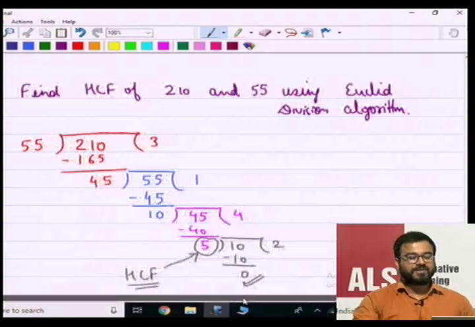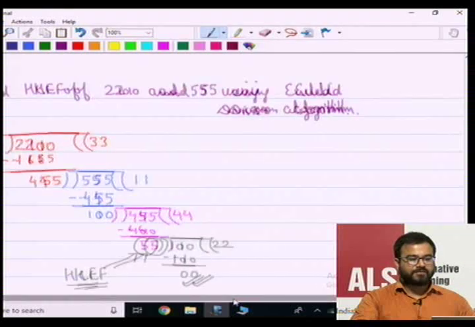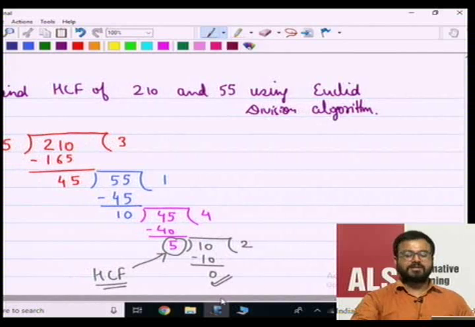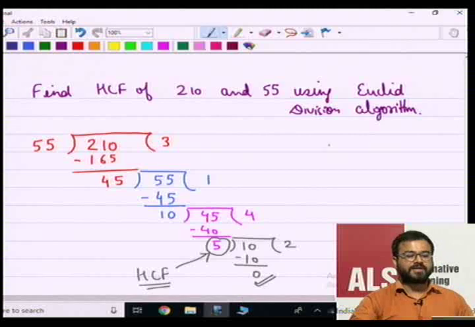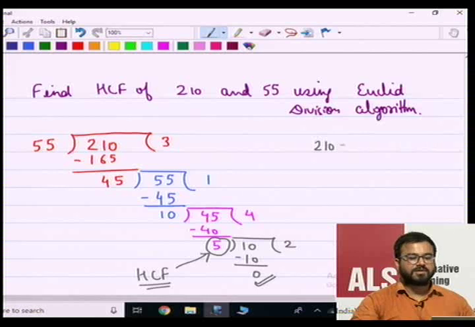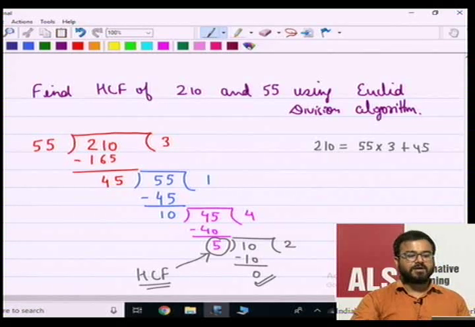Okay. Now we can also write this complete division process in the form of an algorithm. If we start with the first one, the dividend 210 is equal to divisor times quotient plus remainder. For the next step, this divisor becomes the dividend, so 55 will come over here, and that remainder becomes the divisor.